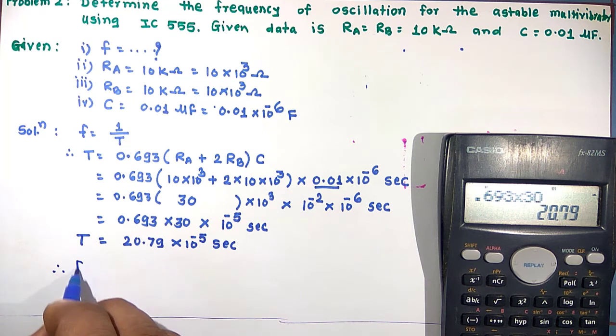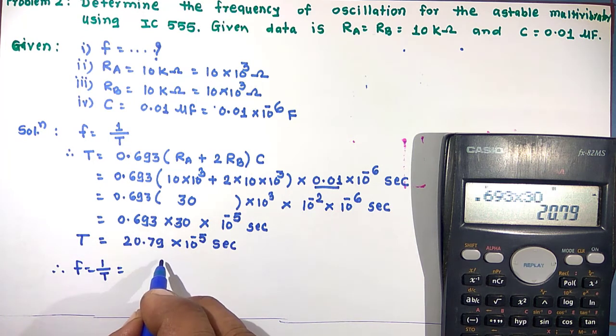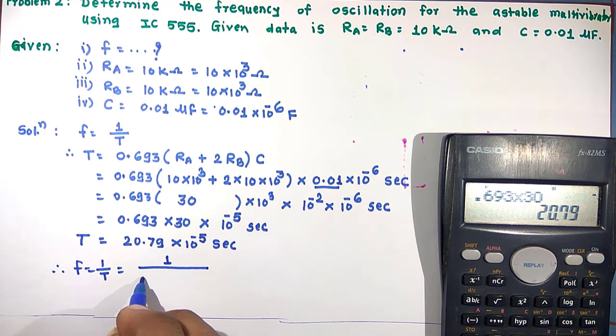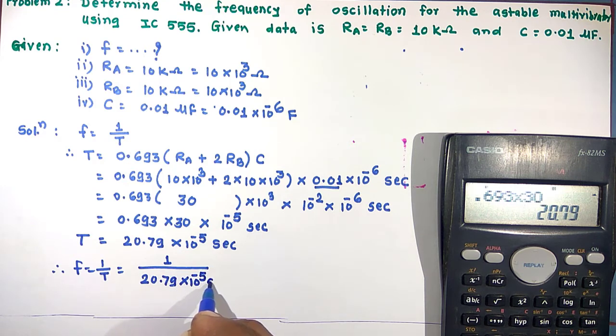Hence, frequency, which is a reciprocal of this time, is equal to 1 upon 20.79 into 10 raised to minus 5 second. So this comes out to be, this is 1 upon second, and 1 upon second is hertz.